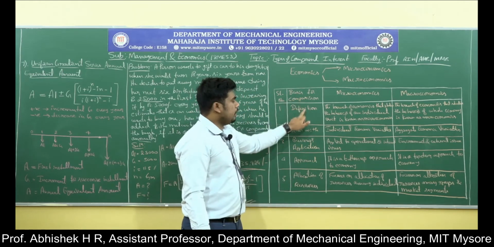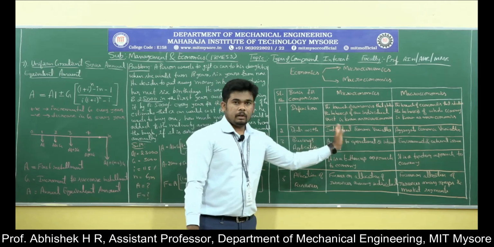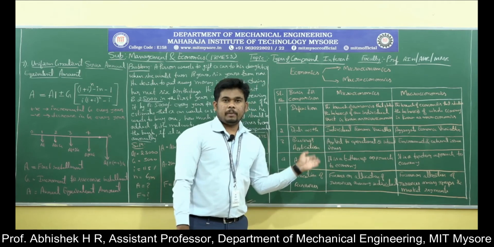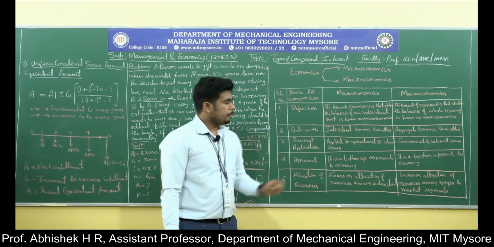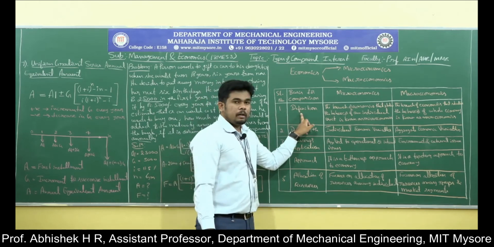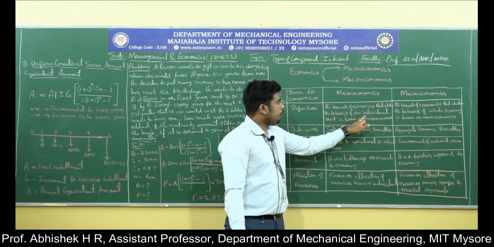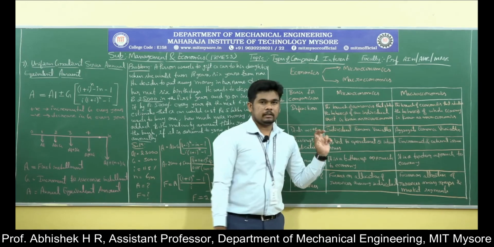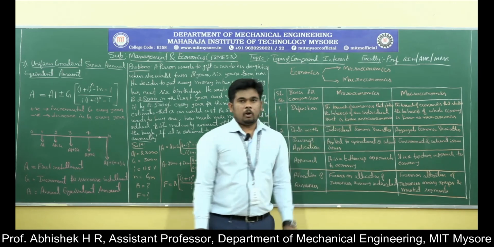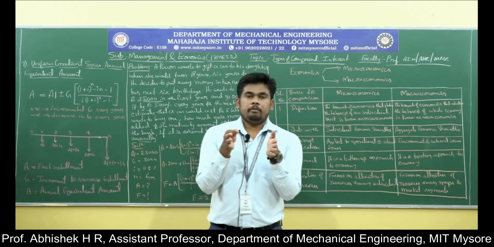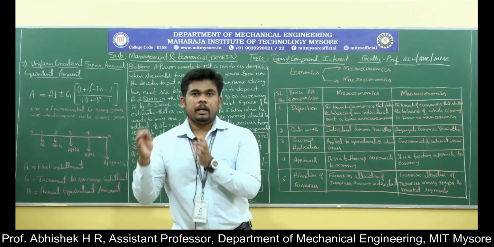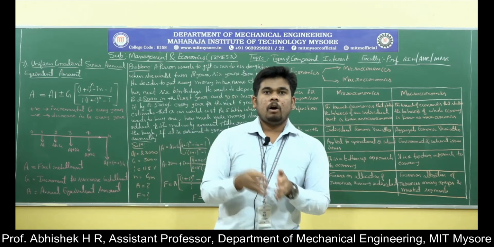Based on the parameters, we are going to compare microeconomics and macroeconomics. First one, definition. The branch of economics that studies the behavior of an individual unit is known as microeconomics. Means a single unit, for example a customer or a family or a product.